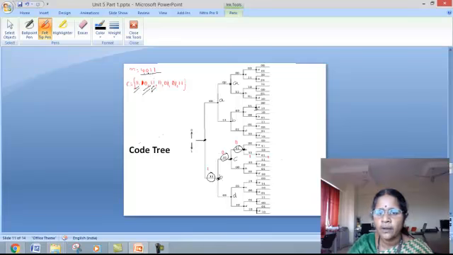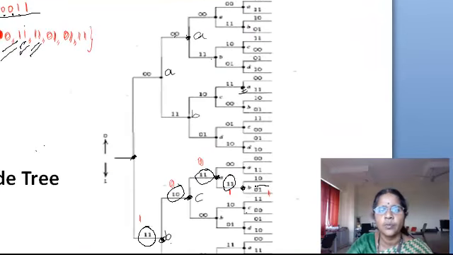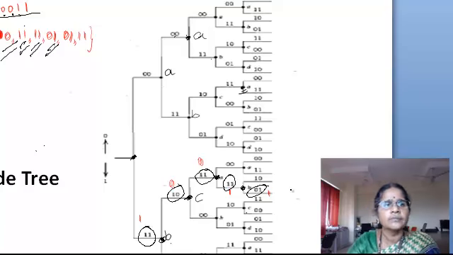Then the next message bit received is 1. So go down the tree and the output is 1, 1 here. And you are at this point and the next bit received is 1. So go down the tree and the output is 0, 1. So in this way you can traverse a tree and find out the encoded output.